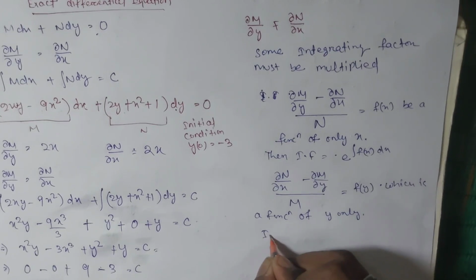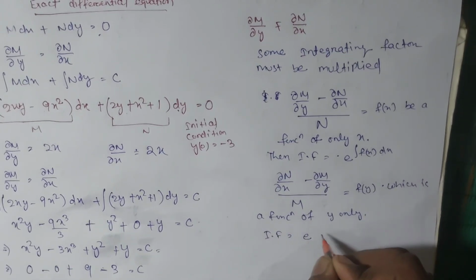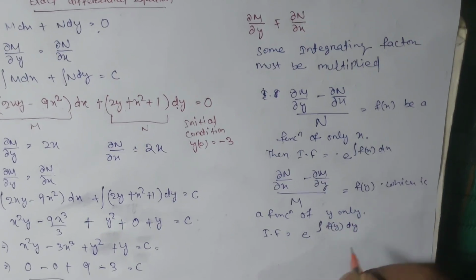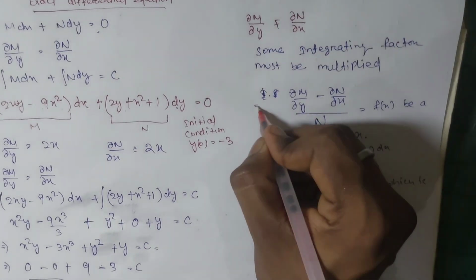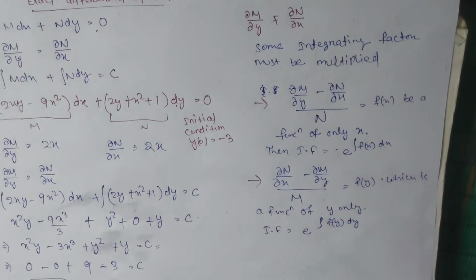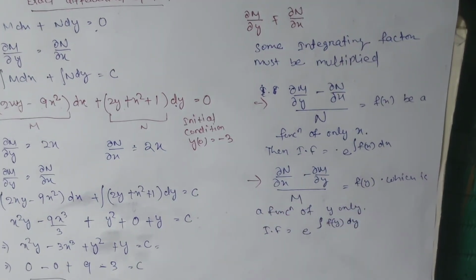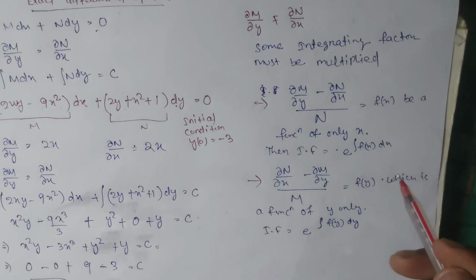Then the integrating factor equals e to the power integral of f(y) dy. So these two formulas are there to convert a non-exact differential equation into an exact differential equation. Let's take an example to see which formula is applicable for which type of problem.